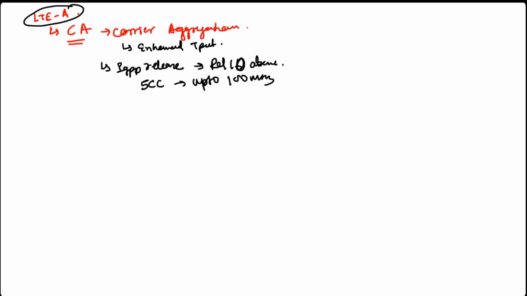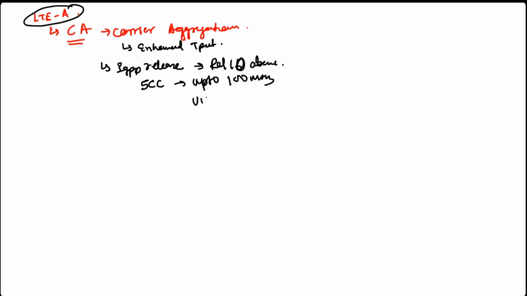Yes. With the existing hardware, this feature came into play, where we are adding the carriers, aggregating and combining them, and getting maximum throughput and peak rate. It came in release 10 and above.